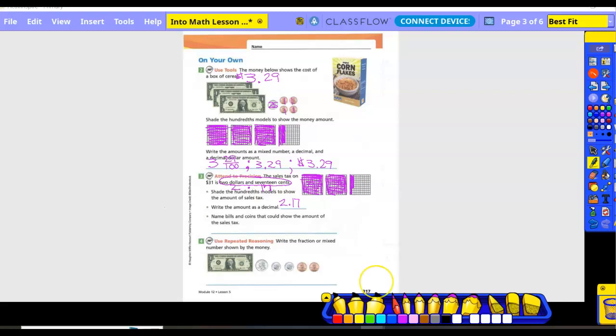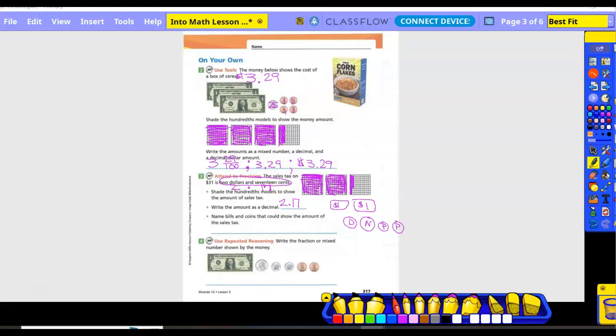Okay, now they want us to name the bills and coins that could be shown with the sales tax. Last time we drew a picture, so I would have $2 bills, right? Then what would I have for my 17 cents? How many tens do I have? 1. So 1 dime, right? What would I do for 7 cents? 1 nickel, and then 2 pennies, right, guys?